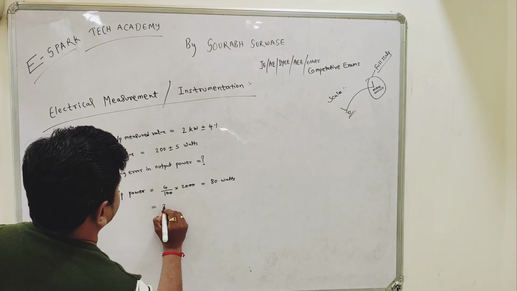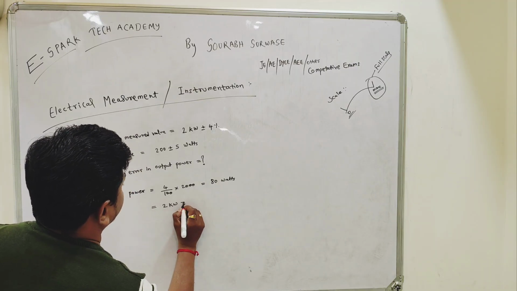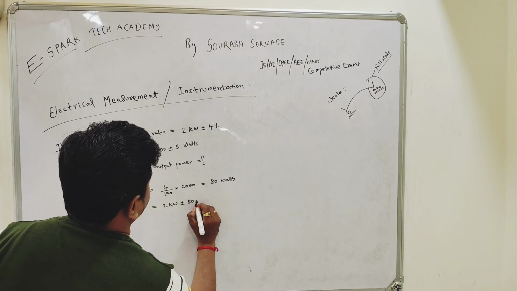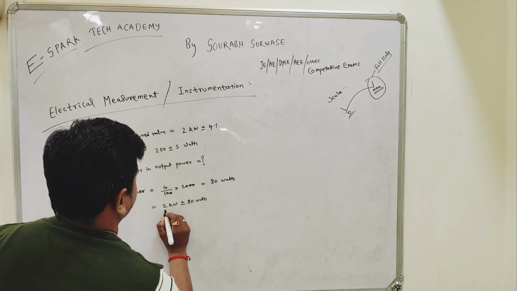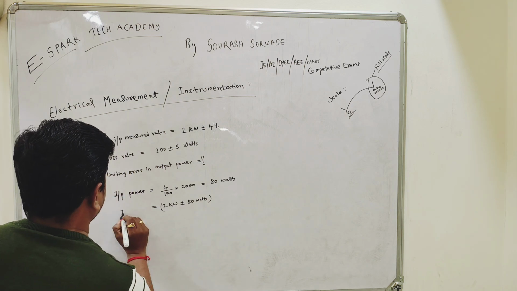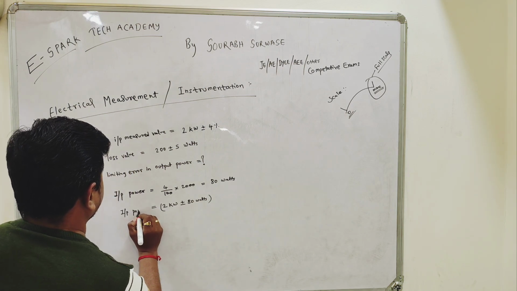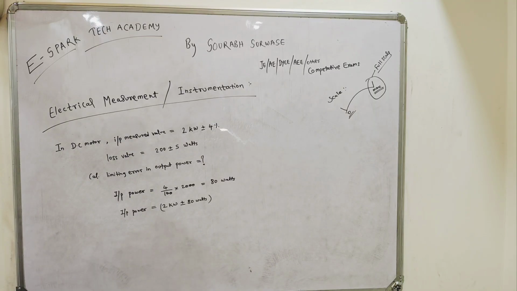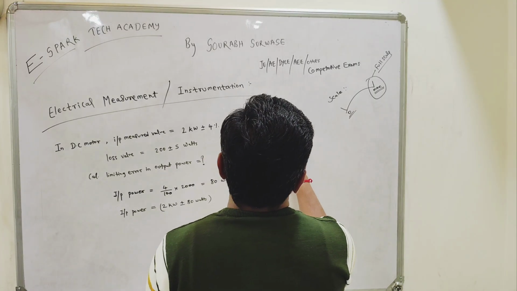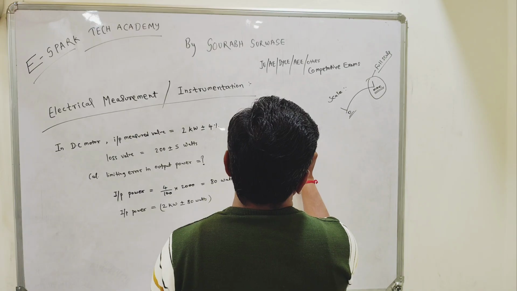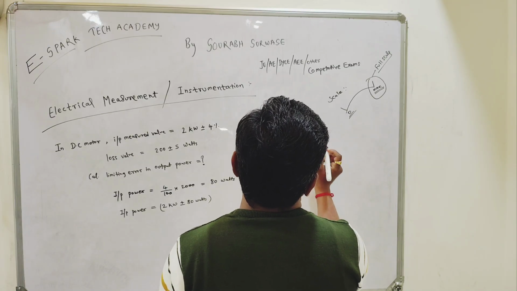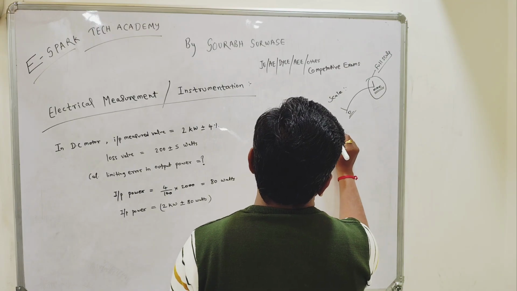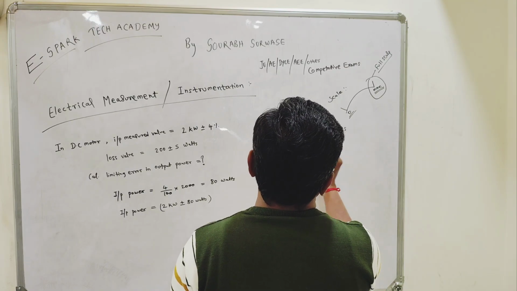You can write it as 2 kilowatt plus minus 80 watts. This is nothing but the input power. Now you should know one basic formula. What is output? Output is nothing but input minus losses.